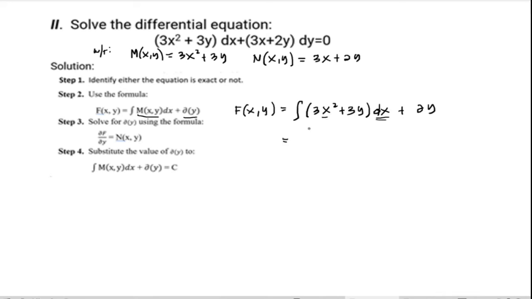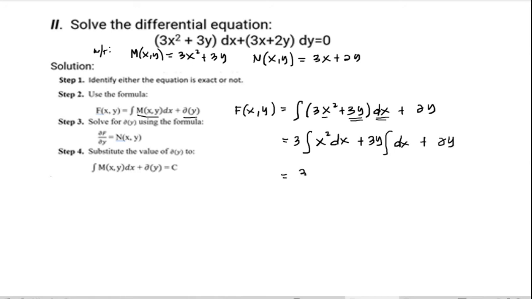For easy integration, I'm going to write this as two integrals, and I have to write the constant before the sign of integration. So we have here 3 integral of x squared dx plus 3y. Take note, y is assumed as constant, so I have to write y outside the sign of integration, plus the unknown function of y.